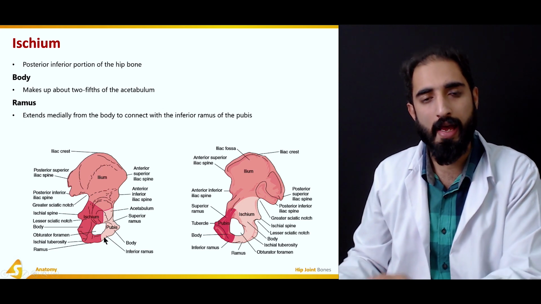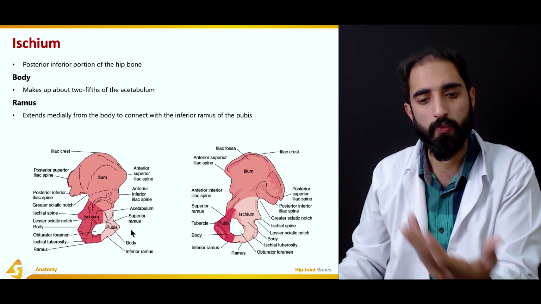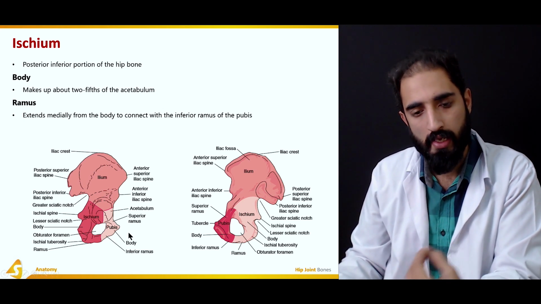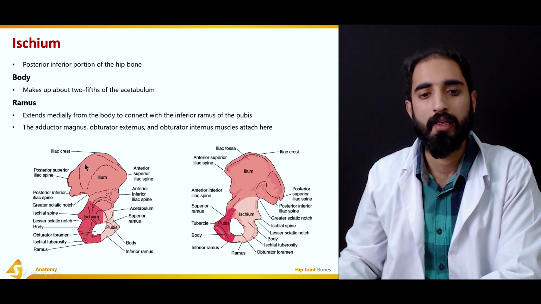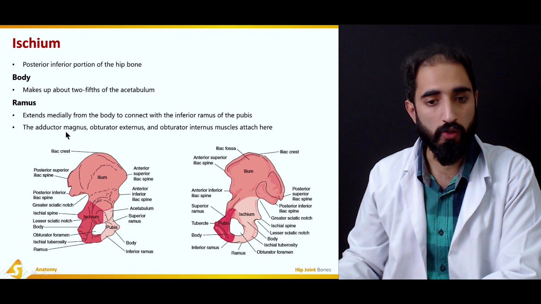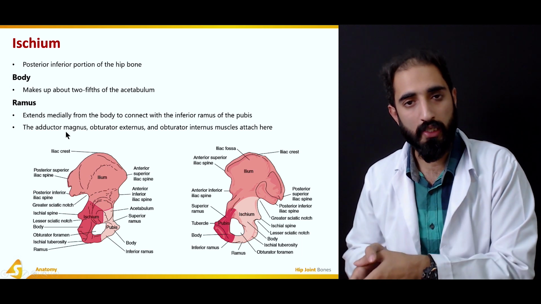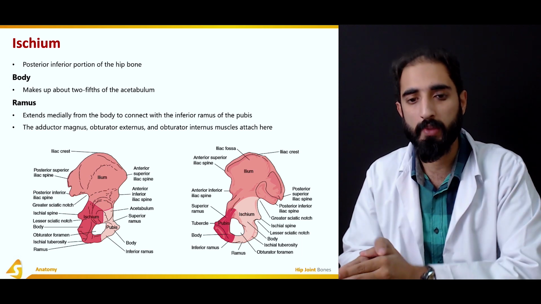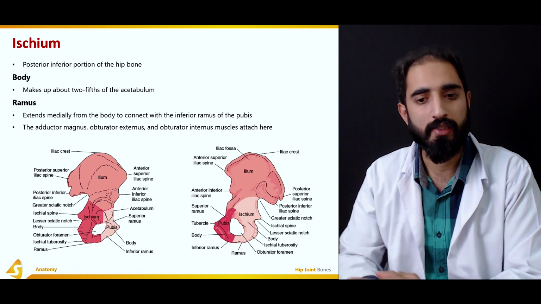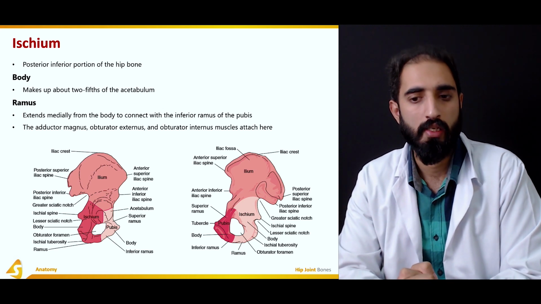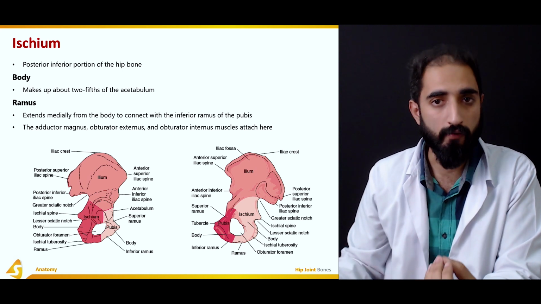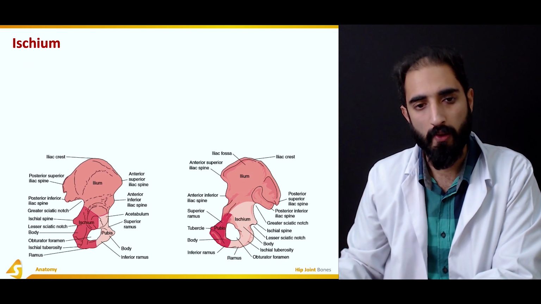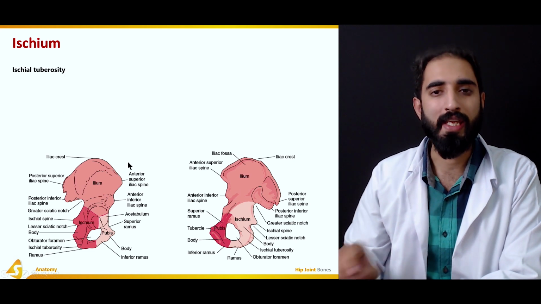The pubis, on the other hand, has two rami, the superior ramus and inferior ramus, and collectively they are known as rami. The muscles, including the adductor magnus, which is a part of the hamstring, as well as the adductor group of muscles, the obturator externus and the obturator internus muscles also attach here. So it serves as an attachment site for 3 different muscles. Moreover, we also have the ischial tuberosity.